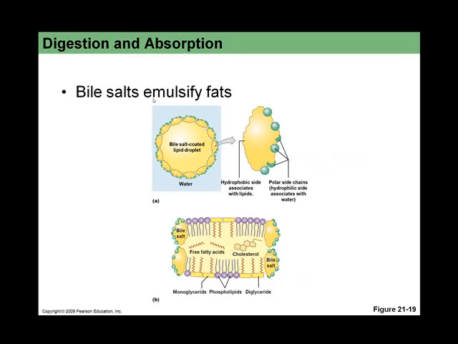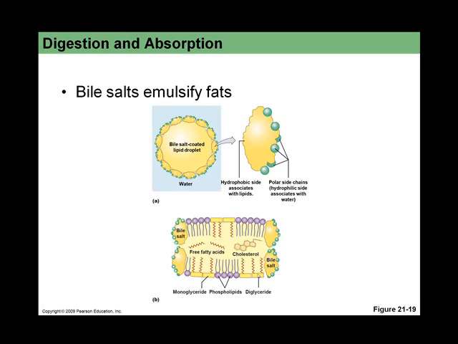So the cholecystokinin is going to cause the contraction of the gallbladder and dumping of the bile salts into the duodenum. And they will emulsify the fats as they are generated, the free fatty acids and the monoglycerides, as we saw. Here's the free fatty acids shown here, and the monoglycerides.